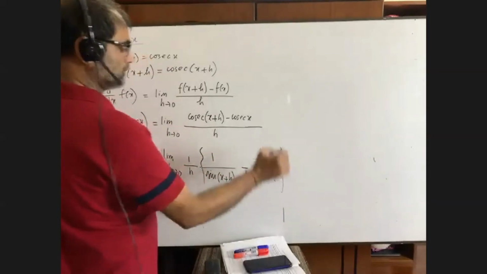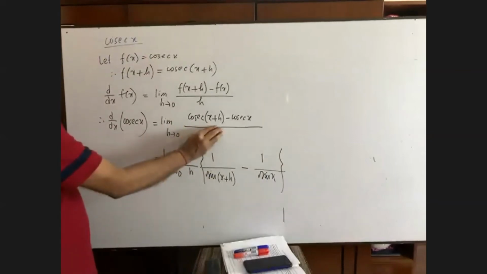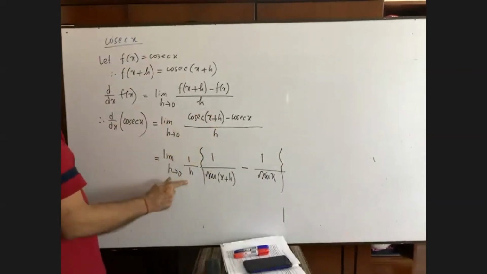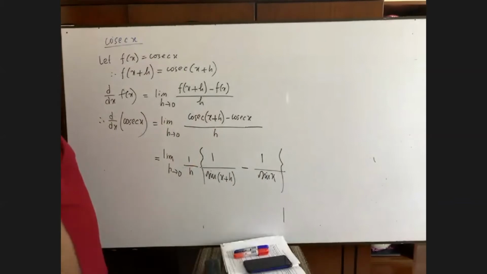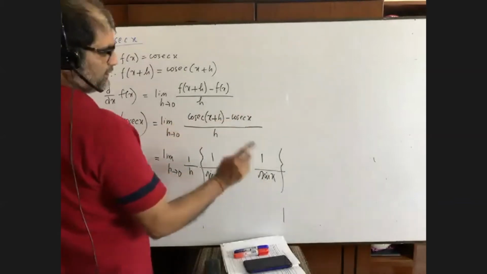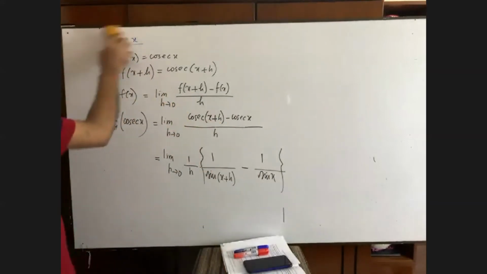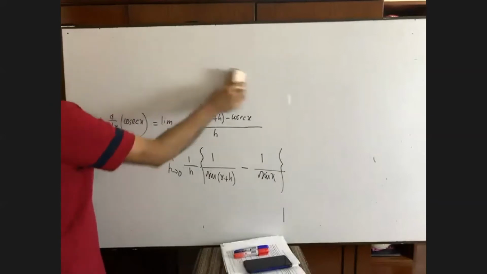Have you got it or not? Suppose you forget the 1 by h part for now. Cosec theta means 1 by sine theta. Is it okay? Nothing is hard here.